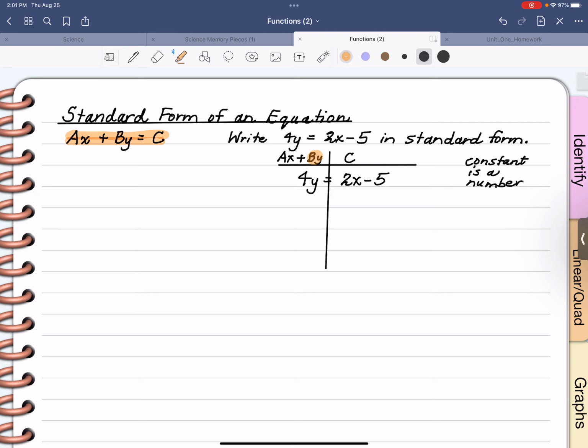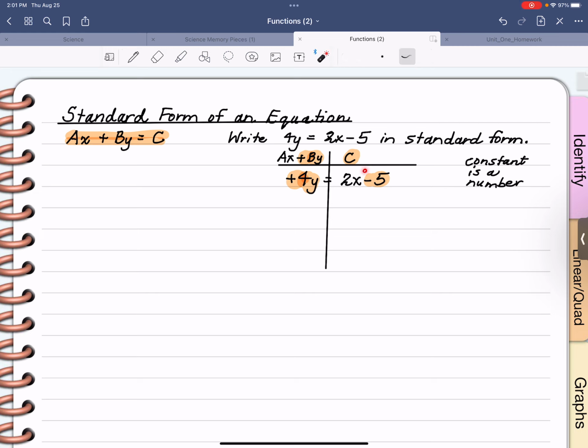I have a positive y right there. That's a positive 4. So that condition is already met. I have a constant over here, the negative 5. So who needs to move? Which term is on the wrong side of the T-chart?